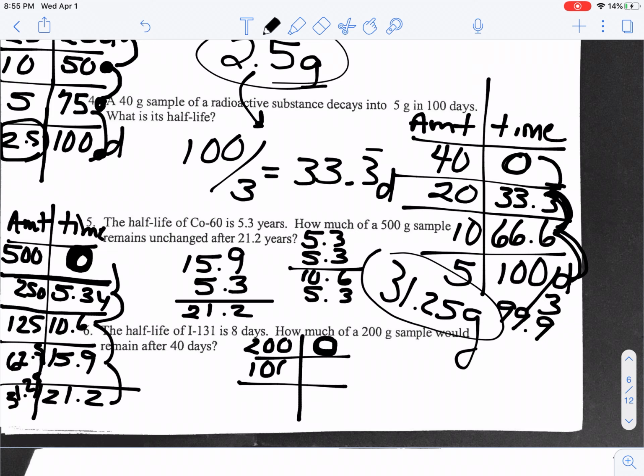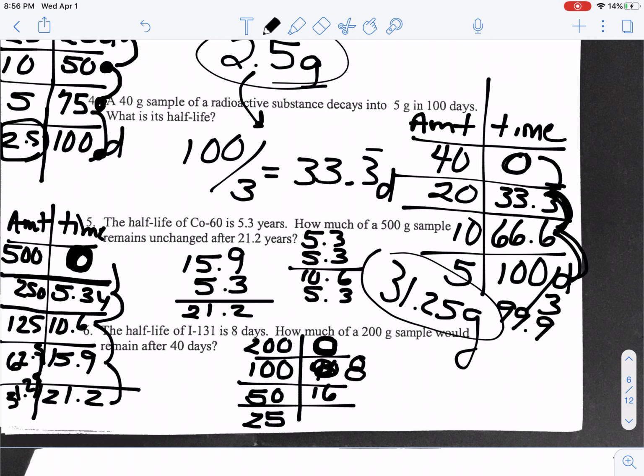When half of it decays, 200 in half is 100. 8 days go by. 100 in half is 50, and another 8 days go by, that would be 16. 50 in half is 25.